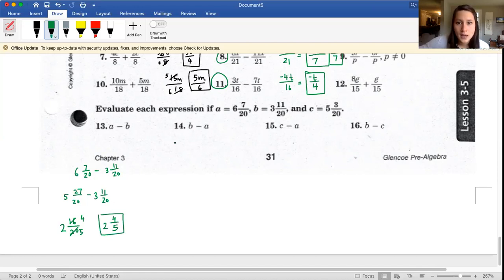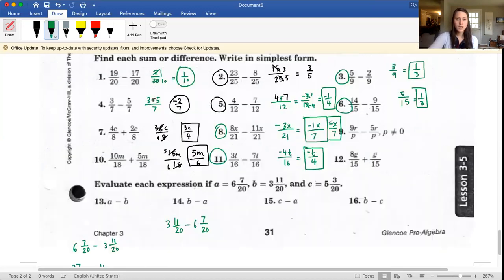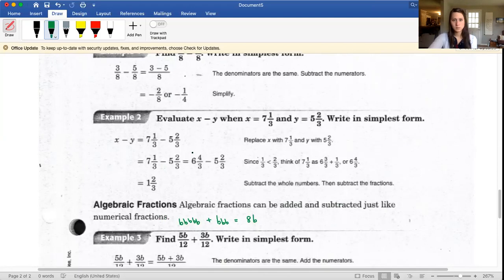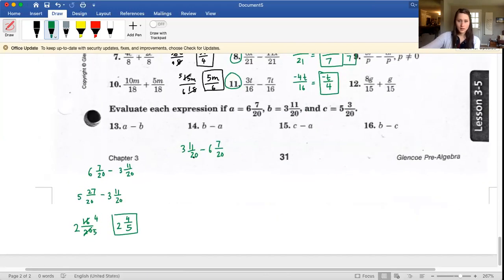B minus A. So 3 and 11 over 20 minus 6 and 7 over 20. So in this case, when you look at this, I already know that when I subtract, it's not going to be big enough. 3 minus 6 is not going to be big enough. So as I'm doing this, 3 minus 6 is going to be a negative, right?